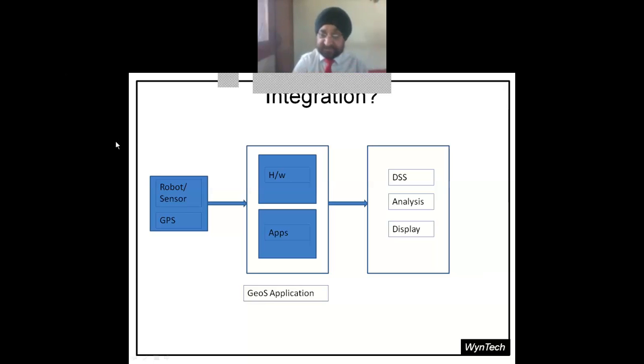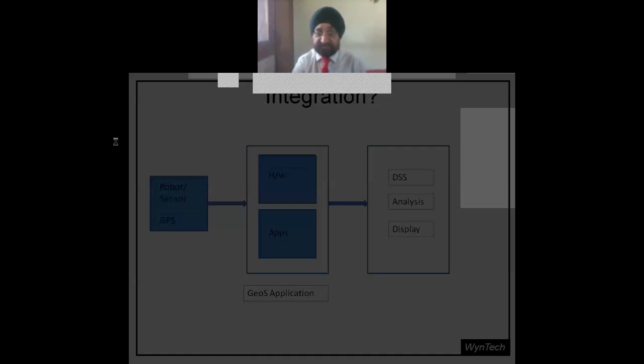We discussed each and every component. The sensor takes input to the communication system, this gives it to the application, the software does the analysis and gives us the decision on what decision we should take. I think if this slide is clear, everything will be clear.